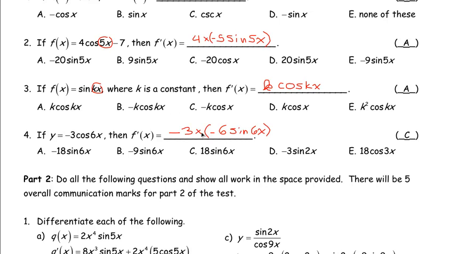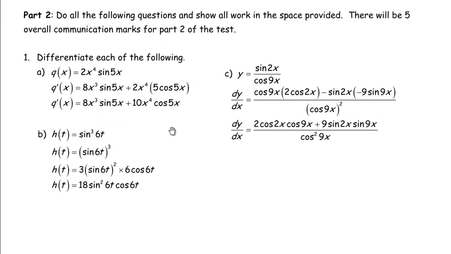Now multiplying negative 3 and negative 6 would give us 18, so it would be 18 sine 6x. Which is answer C here, 18 sine 6x.